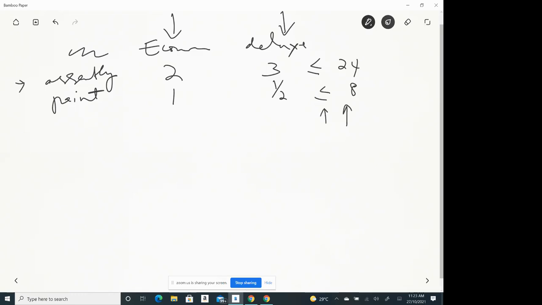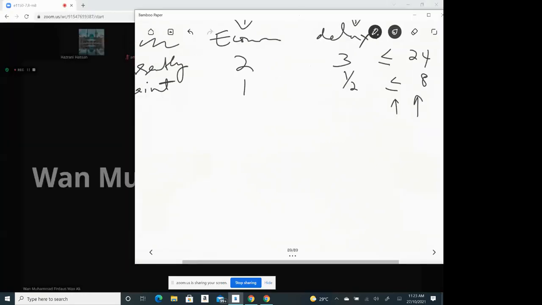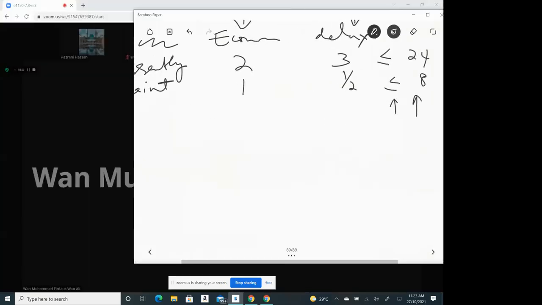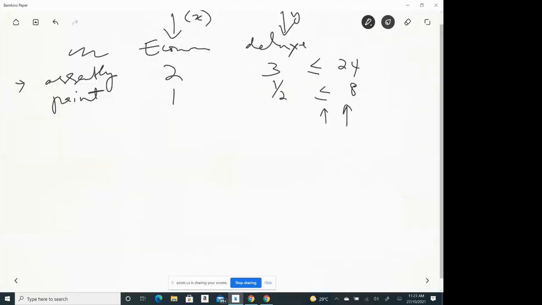So when you have the maximum number, minimum number on the assembly end, that means the number of each type will be X and Y. Inilah variable. Okay. So if you go into more detail, you have X. It's not economy.